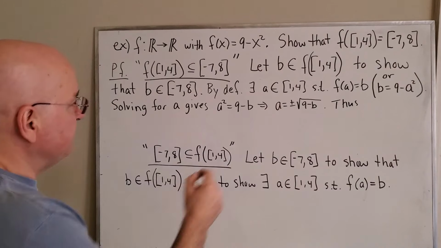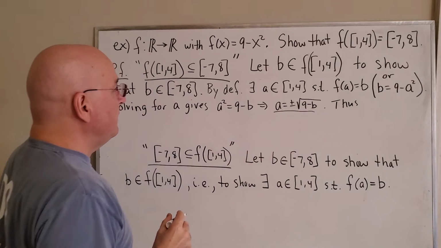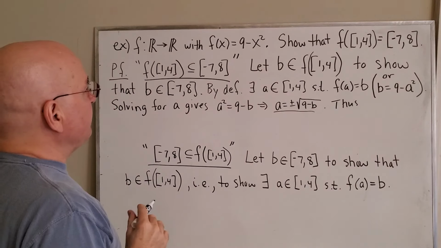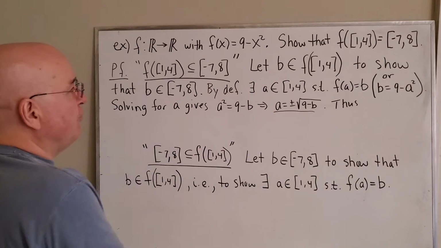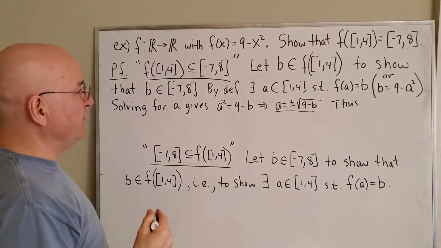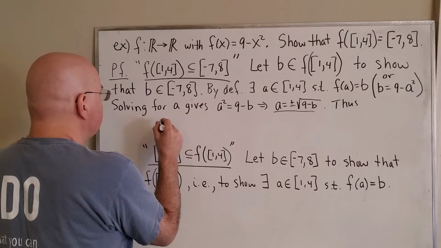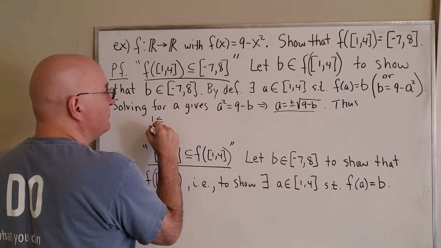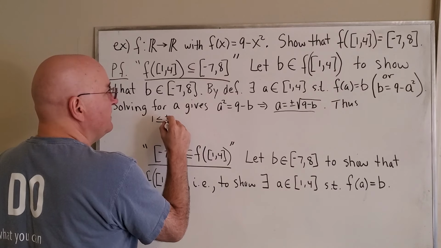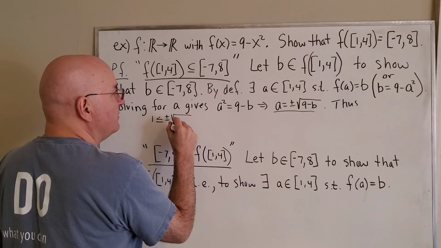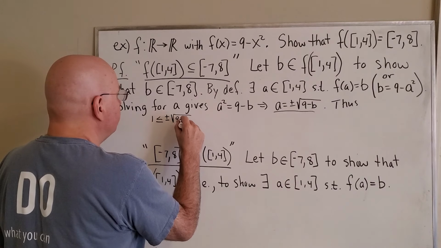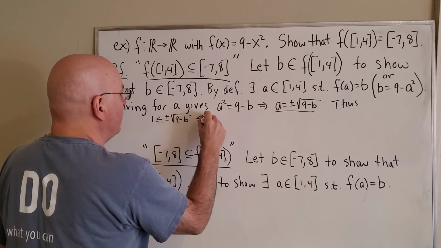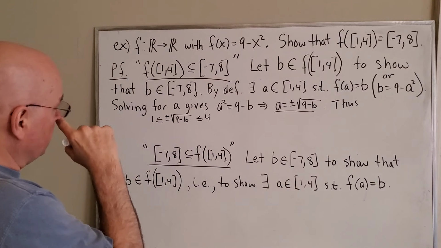Thus, if a is equal to that, well, a is in between 1 and 4, right? It's a number in the closed interval from 1 to 4. So I could say 1 is less than or equal to plus or minus radical 9 minus b, which is less than or equal to 4, because that's just a in the middle.